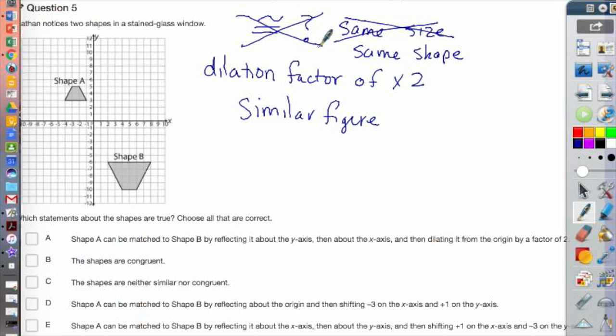Let's look at some of these questions. I know there's going to be a transformation question which says shape A can be matched exactly to shape B by reflecting about the y-axis. Okay, well, let's take this y-axis here, and we're going to reflect on it. We're going to have a mirror image. We have 1 unit here, so we're going to go 1 unit till we get to this mirror image. Think of this as a mirror.